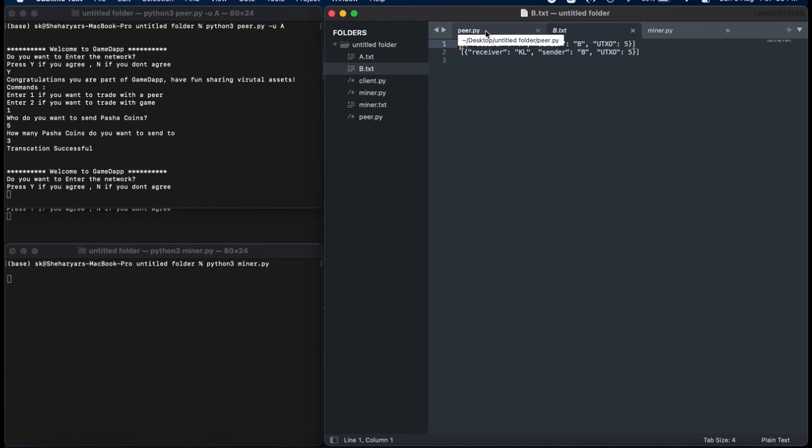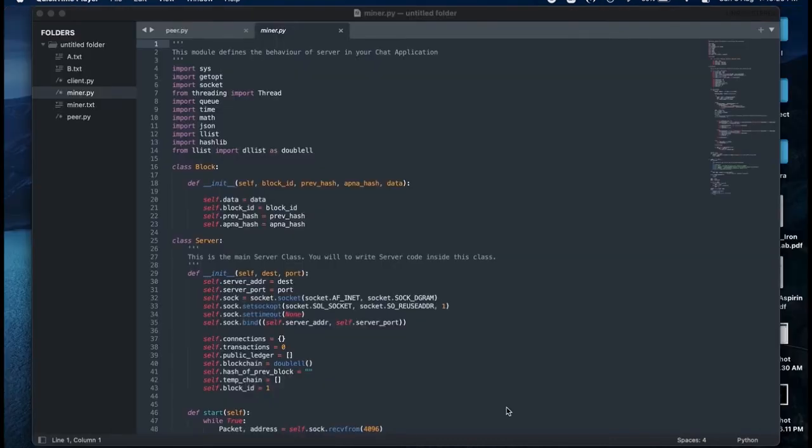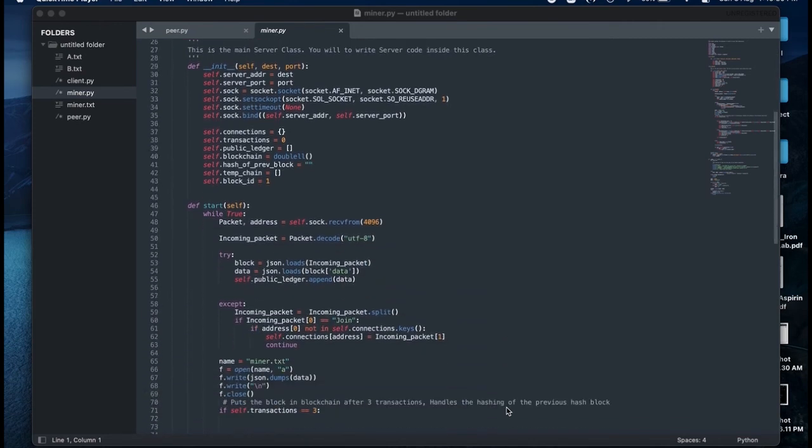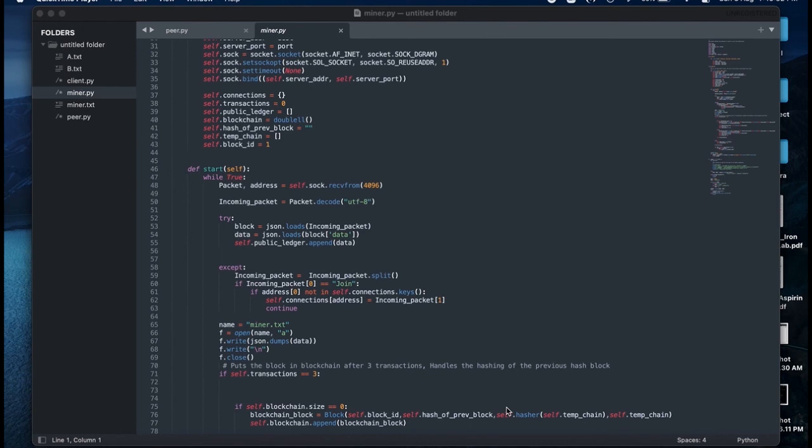Now I'll dive into the blockchain technology we implemented. The blockchain technology we used has a block ID, the hash of the previous block, and 3 transactions. Once 3 transactions happen, a block is formed of the 3 transactions and put onto the blockchain.